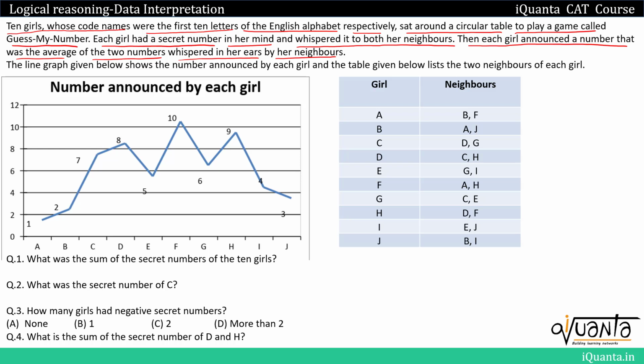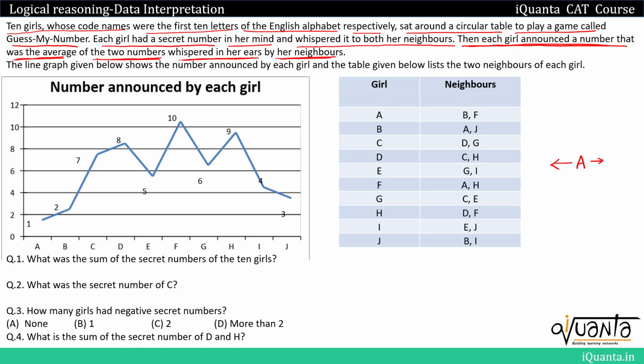Now each girl has a secret number in her mind and she is telling that secret number to both her neighbors. So if we have A as a girl, she will be telling the secret number in her mind to her neighbors. Then each girl announces a number that is the average of the two numbers whispered in her ears by her neighbors.